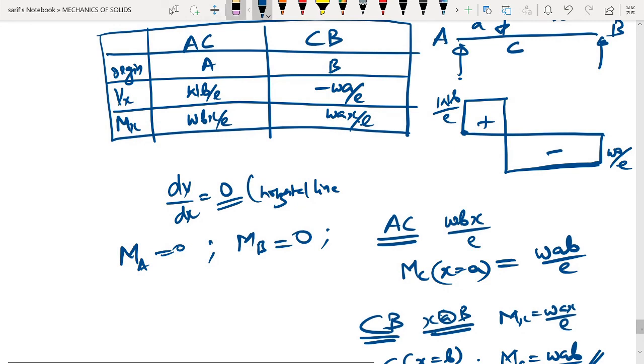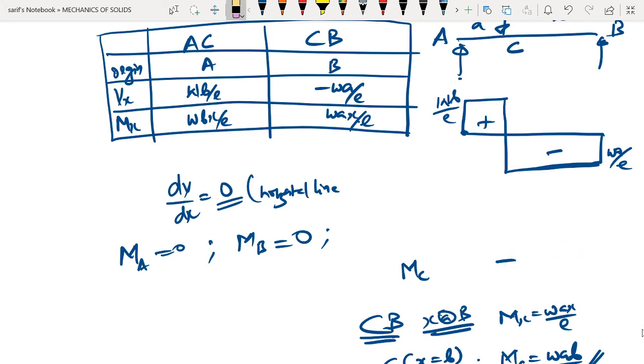So all that we have to do is draw a straight line. MA is 0, MB is 0, MC is Wab divided by L. Draw them by straight lines.